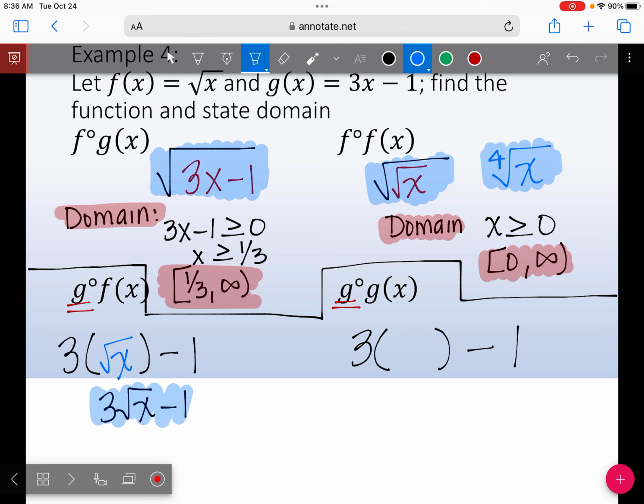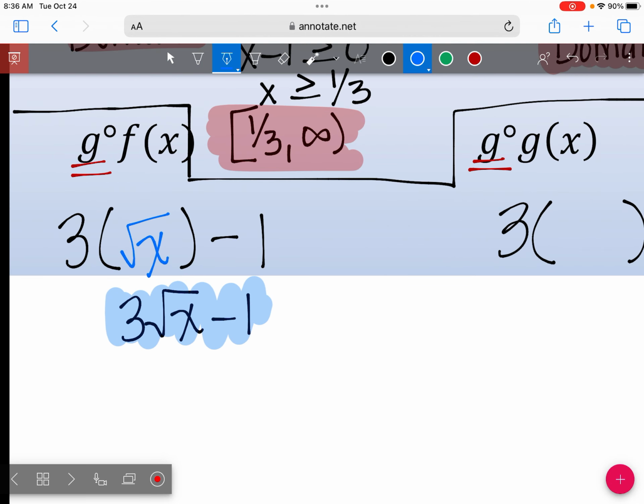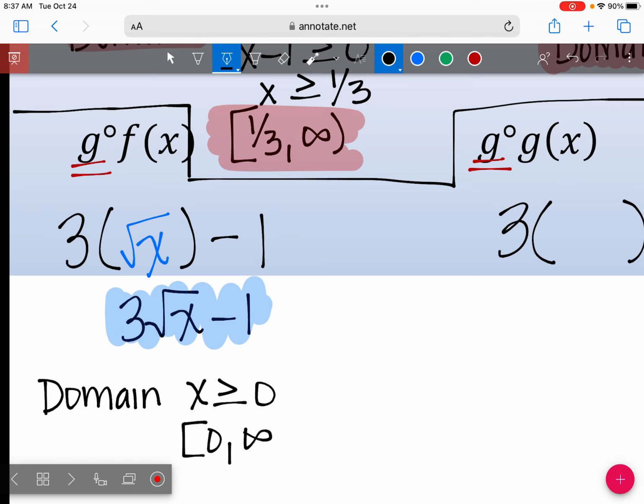That's my function. And my domain is going to be x has to be greater than or equal to 0, because the only thing underneath my square root is an x. So my domain is x is greater than or equal to 0, or 0 to infinity.